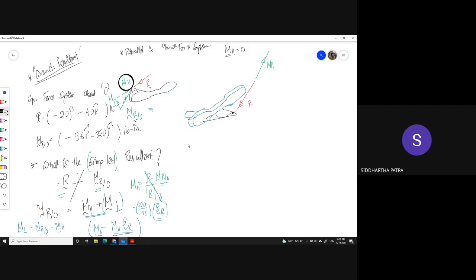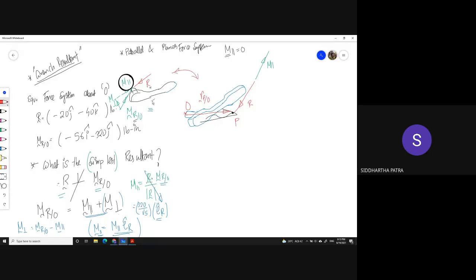So what I'm trying to say here is I can now get rid of M perpendicular. That means instead of showing the resultant force system acting at O, I can show it acting at some other location P, where the position vector of P is RPO with respect to O. So I can shift this, because these two diagrams are equivalent, which is also equivalent to the original system.